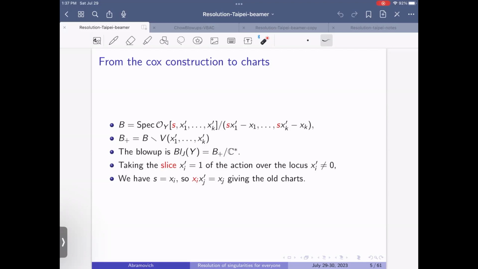So it's the same thing, but it has the advantage of having one chart. It also has the advantage that we don't need to worry about projectivizing, etc. Questions?